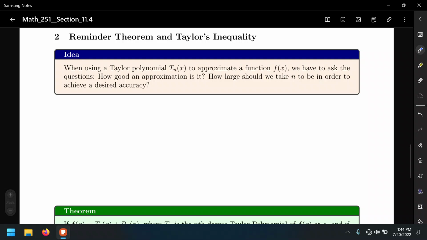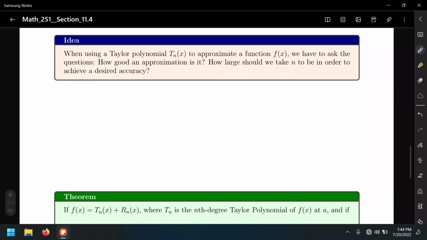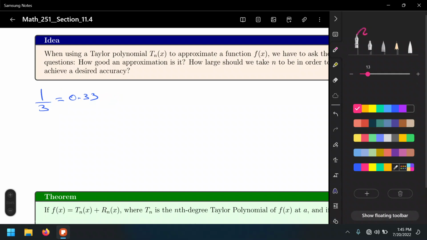Let's think of this with numbers. 1/3. How much is that equal to? Let's talk about 0.33. Typically, a third is 33%. It's an approximation, right? Because we are approximating, that means we have some remainder. Same if we approximate 1/3 to be 0.333.